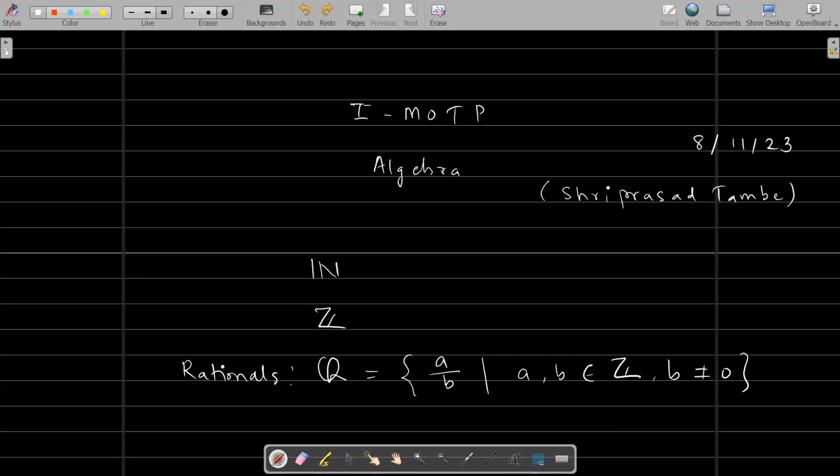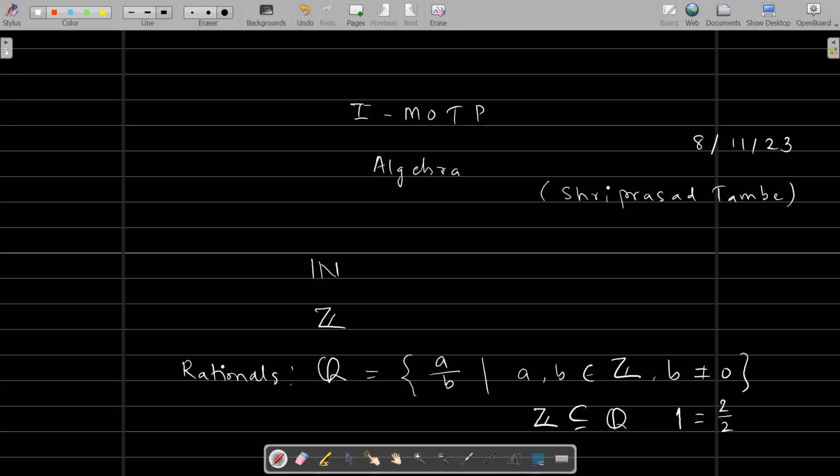What about integers? Shall I say the set of integers is a subset of Q? Is every integer a rational? For example, suppose I have 1. I can write 1 as 1 by 1 or 2 by 2 or 3 by 3.